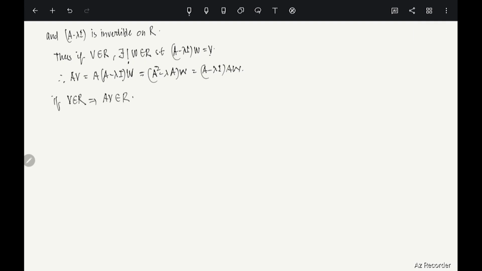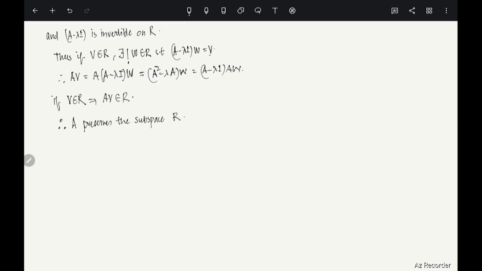That's what it is showing. So that implies that A preserves the subspace R.